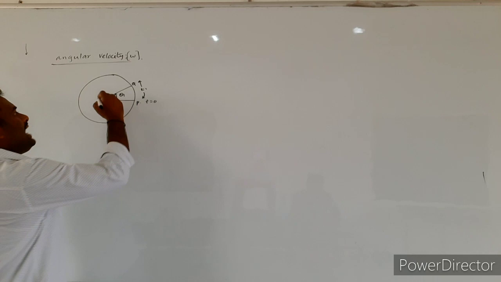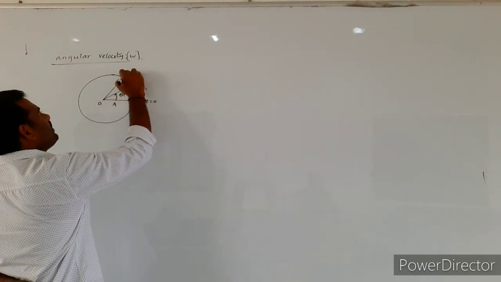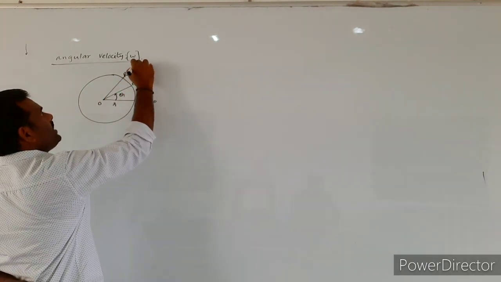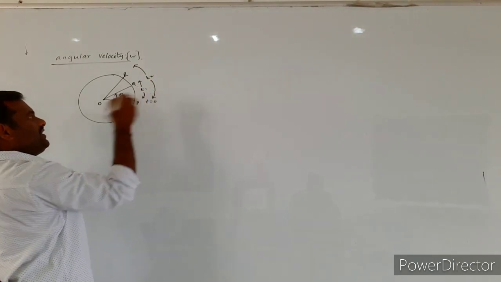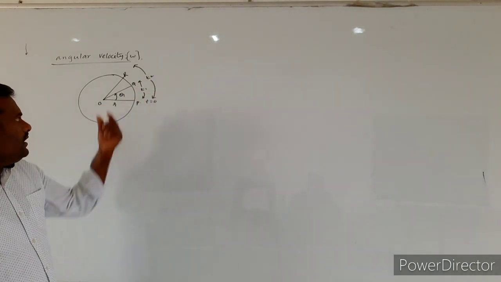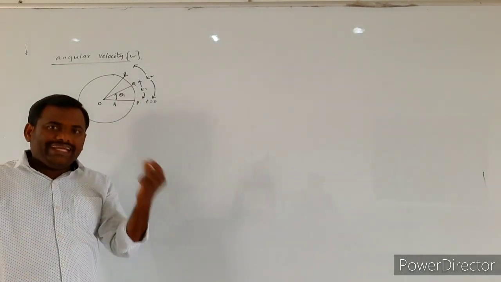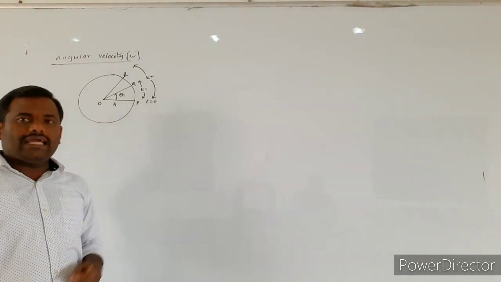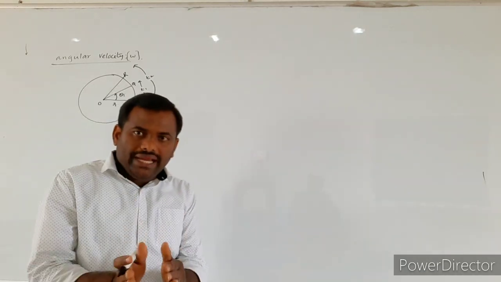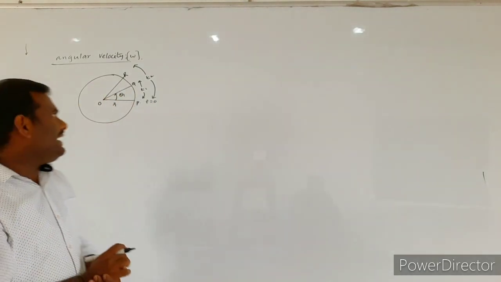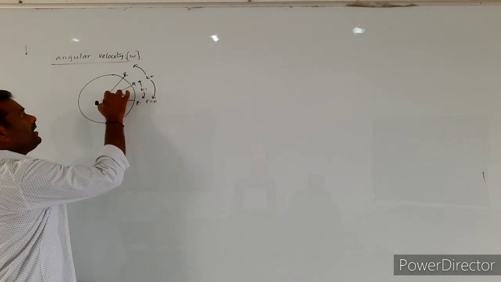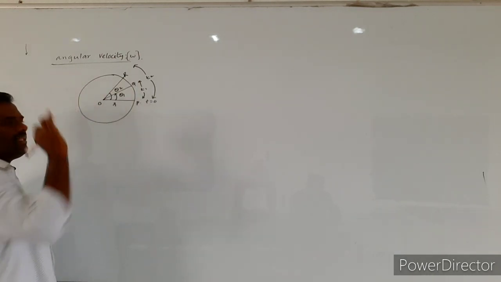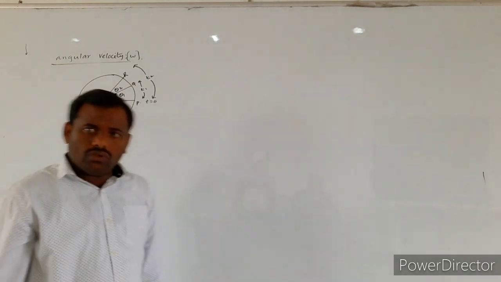Now, in a time of t2 seconds, always the time should be measured from the initial point P only. For P to Q, the time taken by the particle is t1 seconds. From P to R, the particle takes a time of t2 seconds, and the corresponding angular displacement is theta 2 radians.